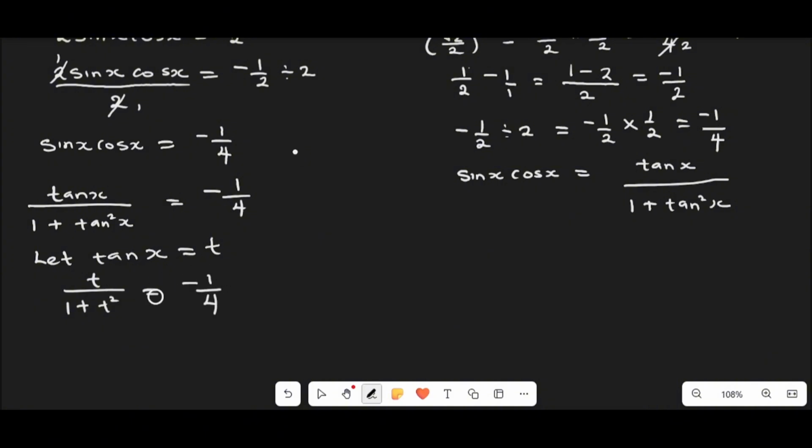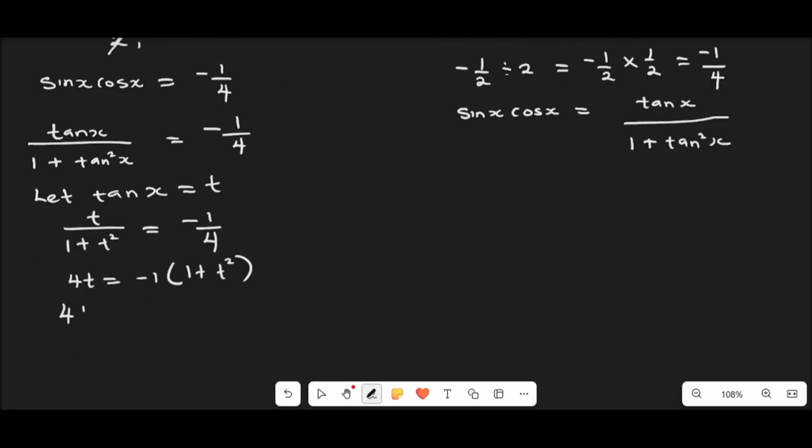So let us cross multiply. We now have 4t equal to minus 1 times (1 plus t square). 4t equal to minus 1 times 1, we have minus 1.